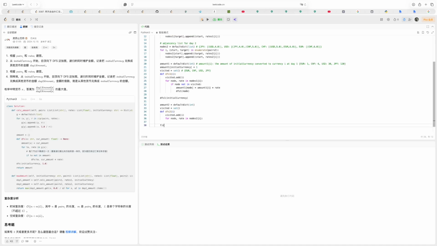So for loop, we'll have currency and amount in amount 1 items.